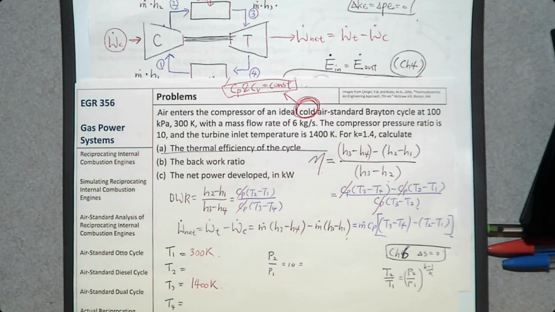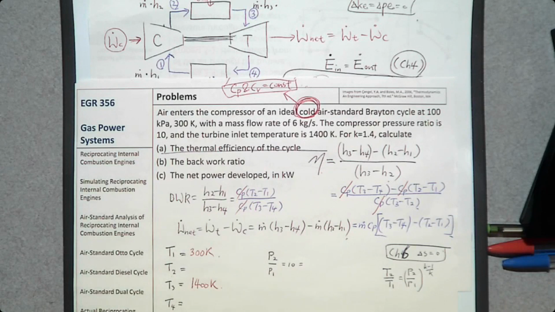So it is very important when you solve a problem in chapter 9 that you check whether it is just air standard analysis or cold air standard analysis. Which one is more accurate? Of course, just air standard analysis, because in cold air standard you assume constant specific heat anywhere, even at 300 Kelvin and 1400 Kelvin, which is not realistic, right?